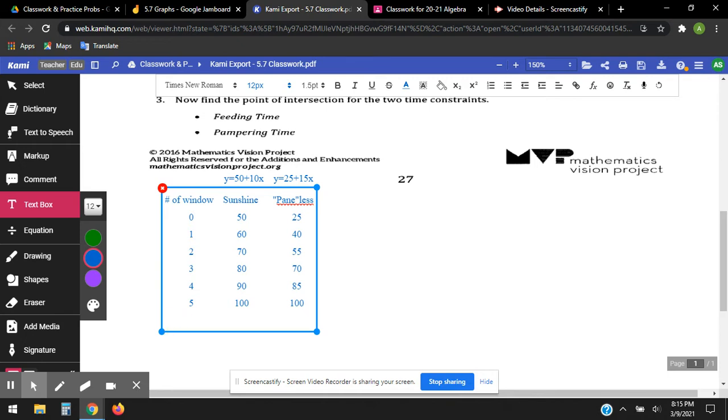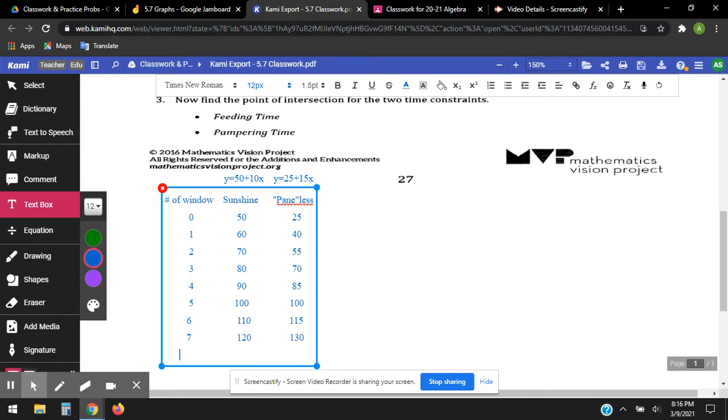So at 5 windows, it looks like we're the same, because Sunshine is now at 100 plus 10, which is 110, but Painless is going to be 115. And if we do 7, we'll do one more here, then we have 120, and now Painless is up to 130.